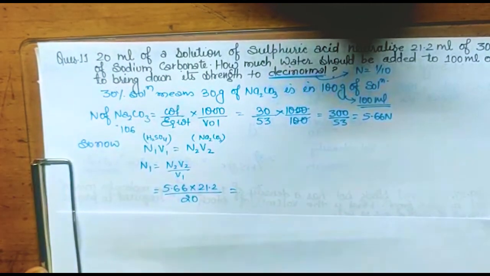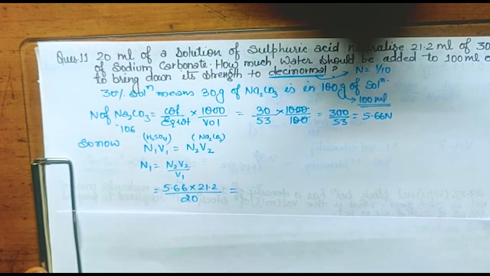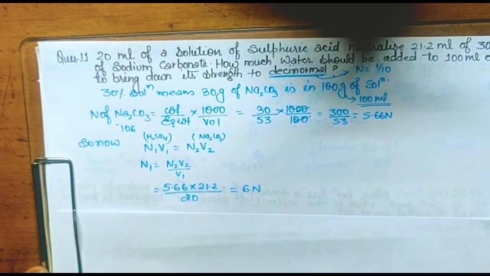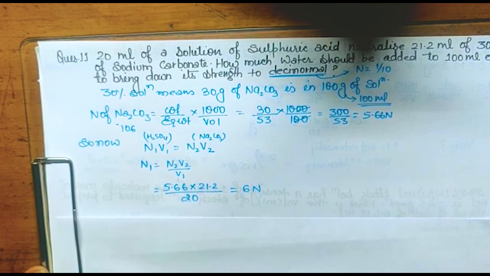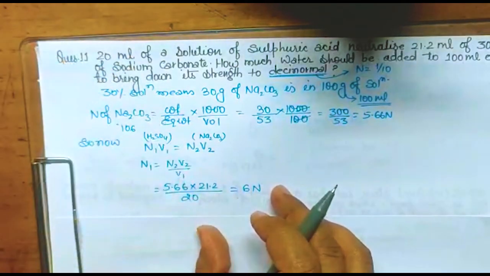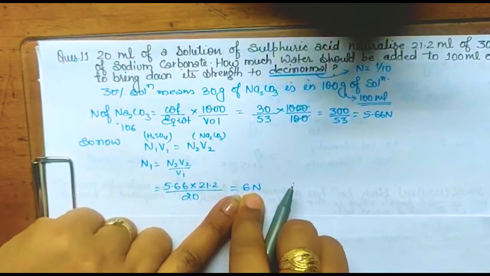So solve it. This is coming 6 normal. Yes. So now the strength of the H2SO4 solution is 6N.